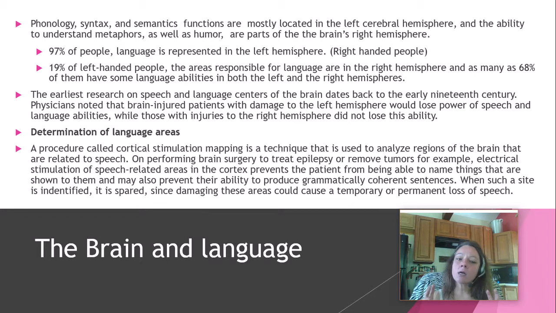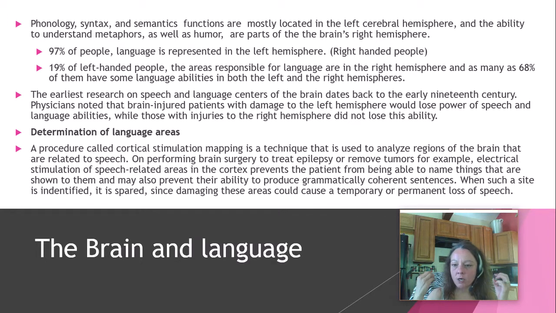So with looking at parts of the brain related to speech, we have this thing called cortical stimulation mapping. It's something you put on the brain that has little sensors on it that will match those neurons that are going on in your brain.